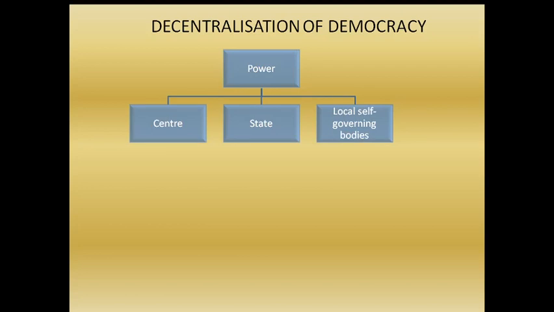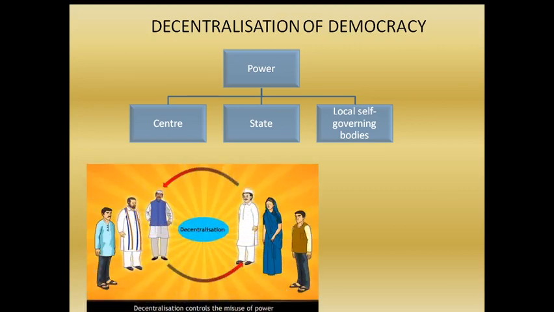And this provision for decentralization is implanted in the guidelines given to the federal institute, that is the directive principles of the state policy. It helps to keep a check on the misuse of power, and it also allows common people's participation.